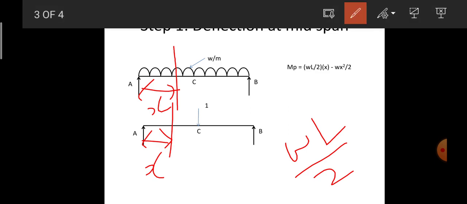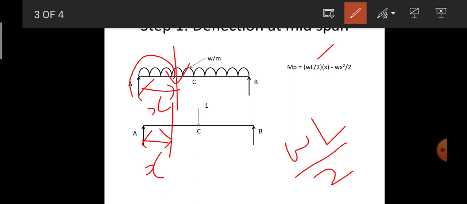So VA into X is WL by 2 into X. I consider that as positive because I am going from the left hand side. In the calculation of bending moment from the left hand side, clockwise is taken as positive and anti-clockwise as negative.